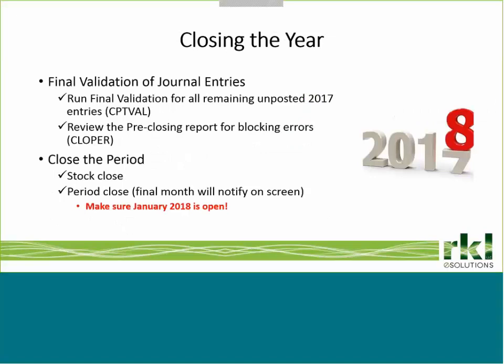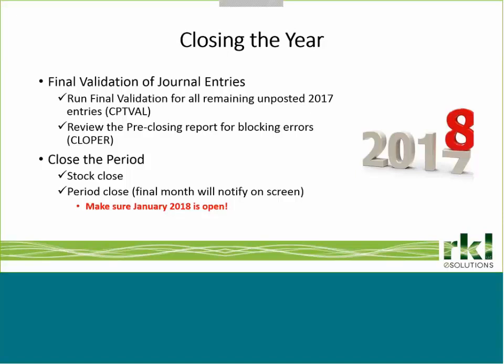All right, so once you've got all your operational type transactions posted and all your financial tasks complete, then you can actually start closing out the period and year. You want to run final validation on all remaining temporary entries, I should say temporary instead of unposted.